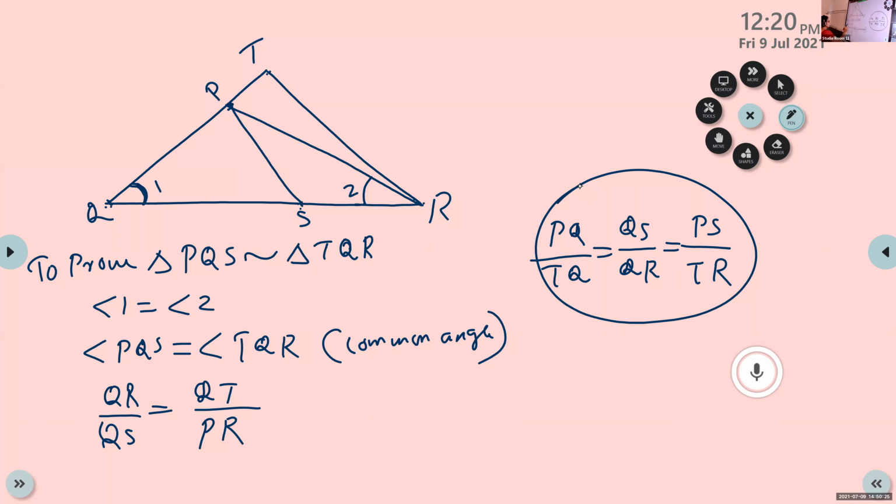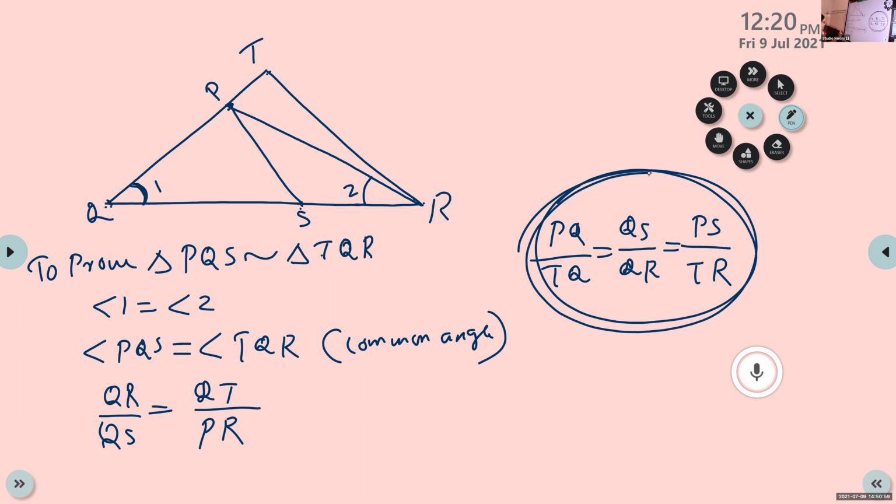But given is QR by QS and QT by PR. If it is PQ, okay, but it is only PR. So we don't want PR. We have to remove that PR. How? If it is PQ, we are okay.